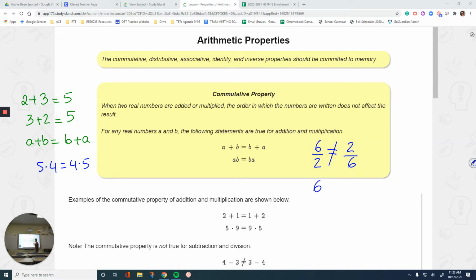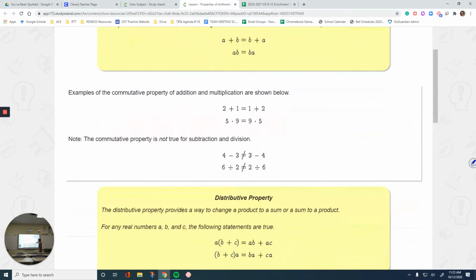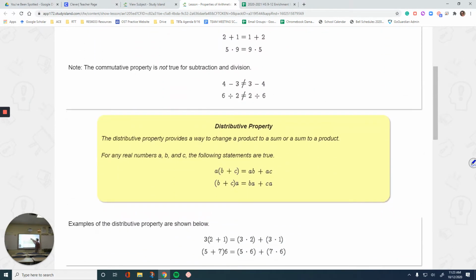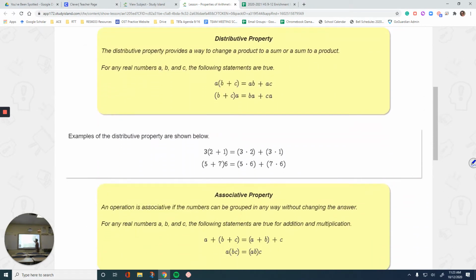You can do 6 minus 1, which is not going to be equal to 1 minus 6. This one is 5, that one is -5. As you see, they're not equal. That's why there's no commutative property in subtraction and division. You don't want to mix up these terms, by the way. And yes, they give you different counterexamples over there as well.